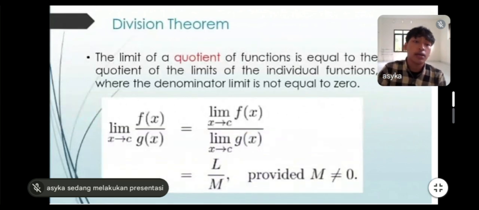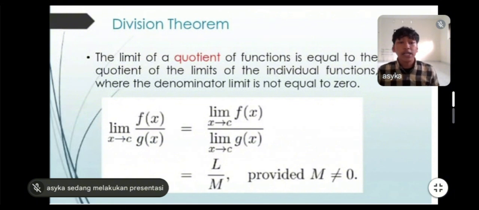Division theorem. The limit of a quotient of functions is equal to the quotient of the limits of the individual functions, where the denominator limit is not equal to 0. Limit x approaching c of f(x) over g(x) equals limit x approaching c f(x) over limit x approaching c g(x) equals L over M, provided M is not 0.